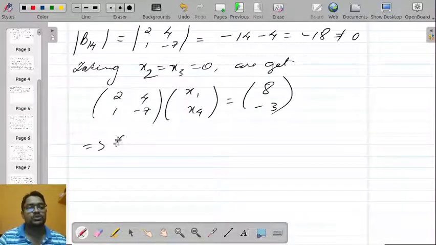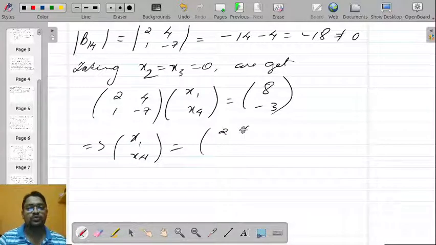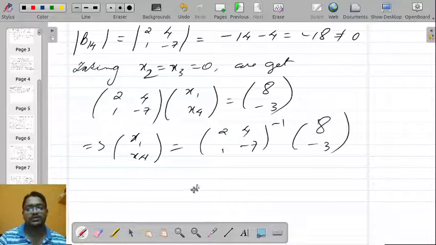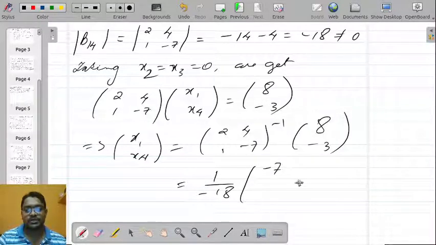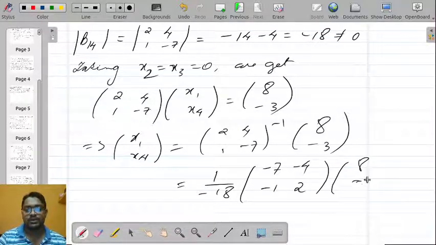If you simplify, [x1; x4] equals the inverse of [2 1; 4 -7] times [8; -3]. So it's 1 by minus 18 multiplied with, just interchange the diagonal entries and change the sign of the off-diagonal entries. Of course for a 3 by 3 matrix it is difficult. Usually 3 by 3 matrices do not come for this type of problem.